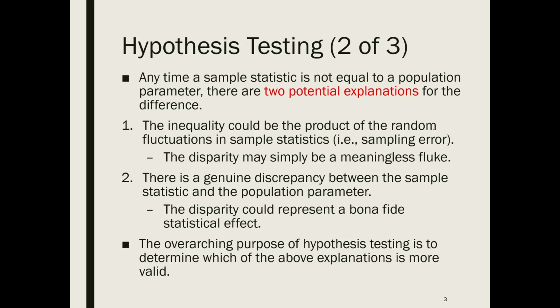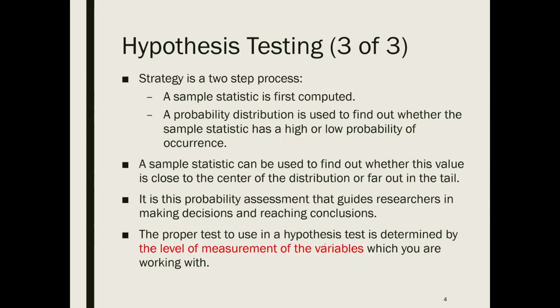Okay, so the overarching purpose of hypothesis testing is to determine which of the above explanations is more valid or more possible. Okay, it's not going to be 100% correct, but which one is more possible.